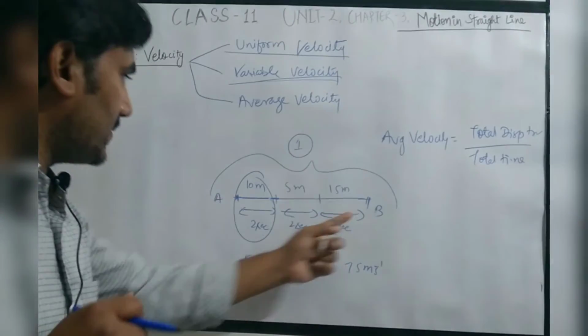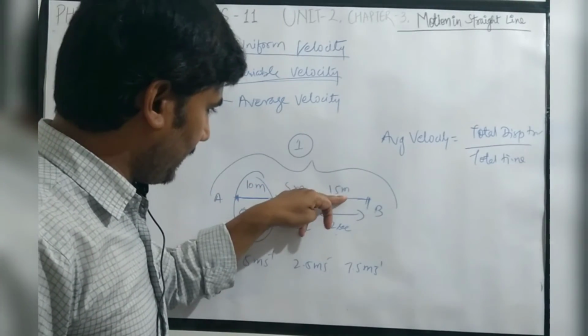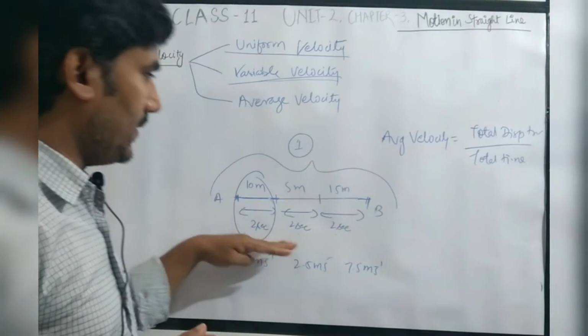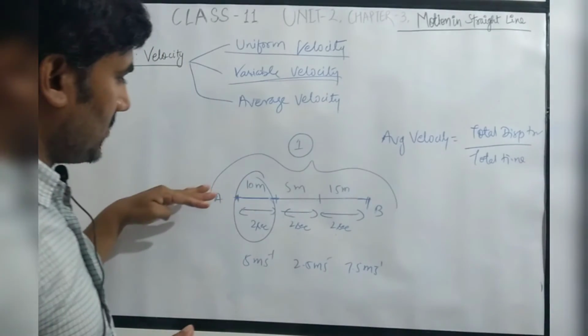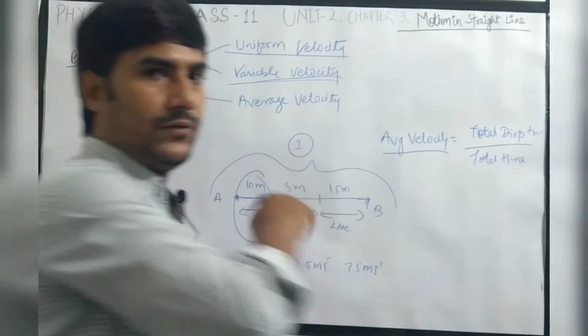That is, in this case, if we consider 10 plus 5 plus 15 upon 6 seconds, then total displacement upon total time gives us the average velocity.